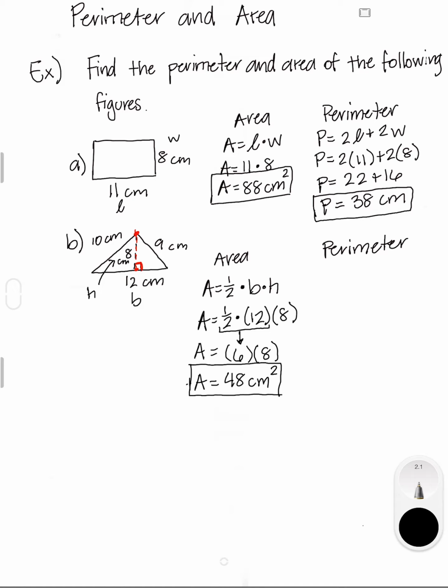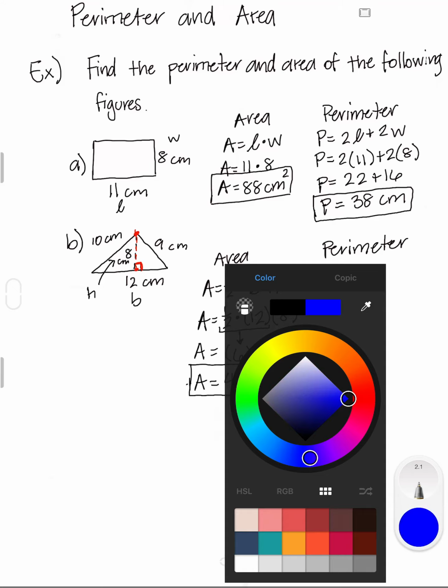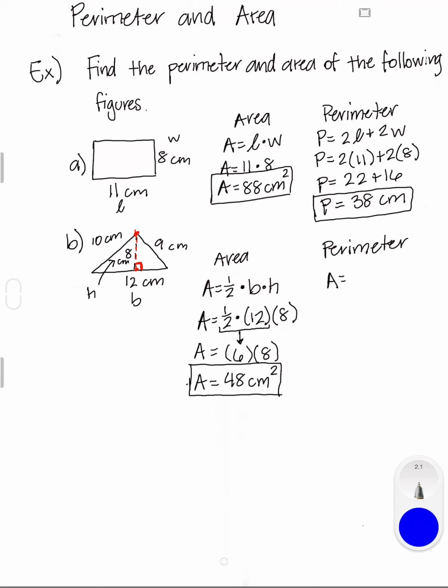whenever we're finding the area. So for perimeter, again, perimeter of a shape or a figure is adding the sides. So whatever the distance is around the figure, in this case, we will be adding the sides of the triangle.